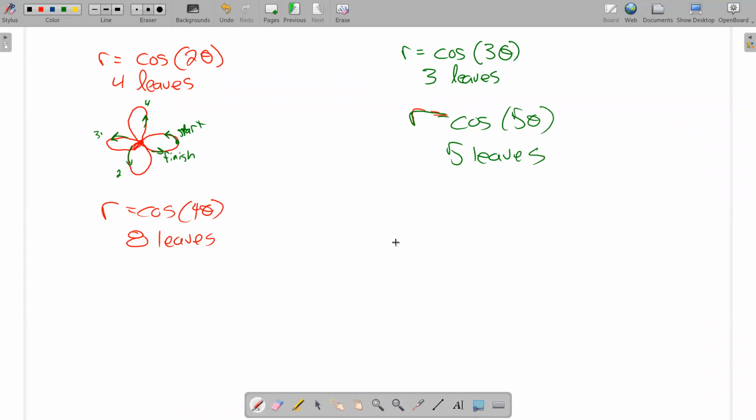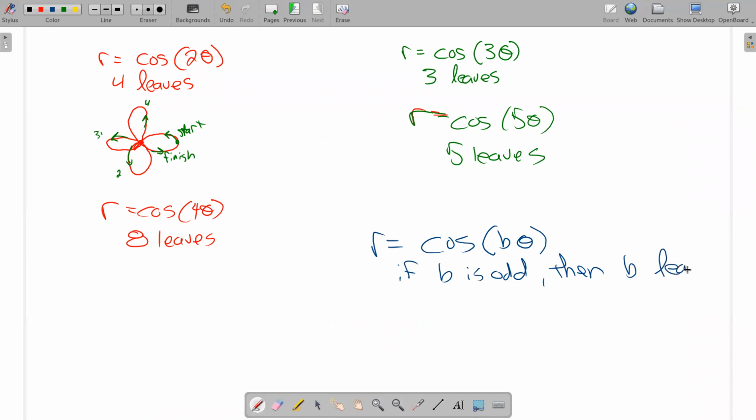So it looks like if we consider in general, r equals cosine of, say, b times theta here, if b is odd, then we get b leaves. But if b is even, then we get 2 times b leaves.